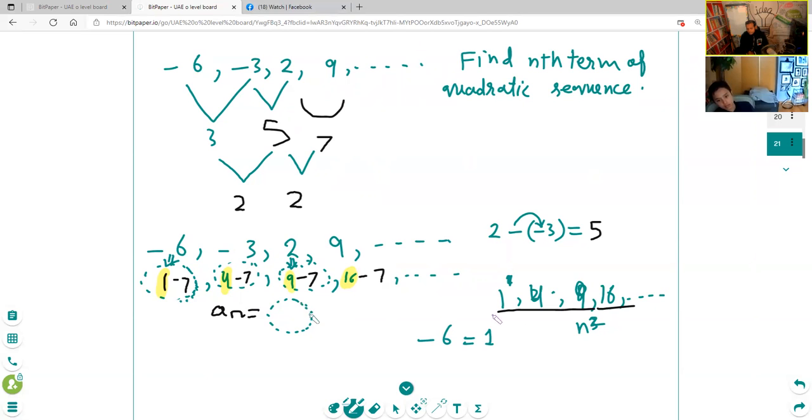You should write the nth term of square numbers right here: n square. This is a quadratic sequence, so you should write n square, not n cube.